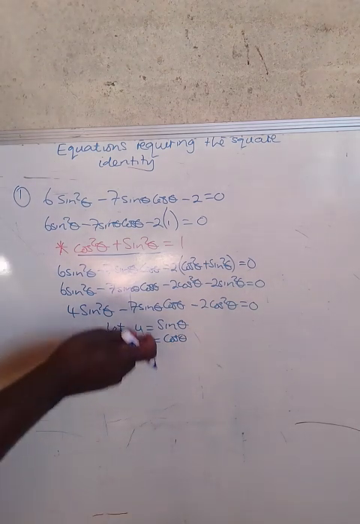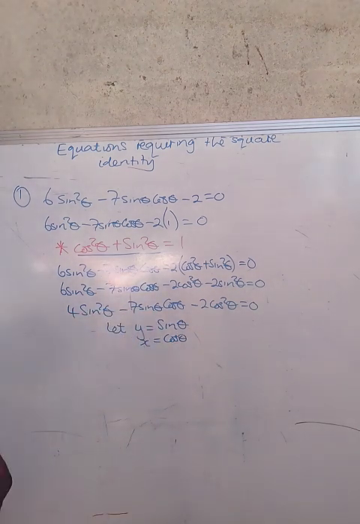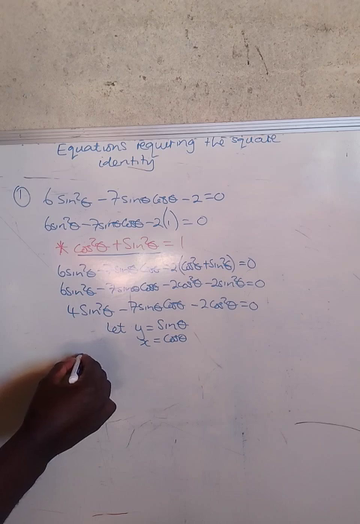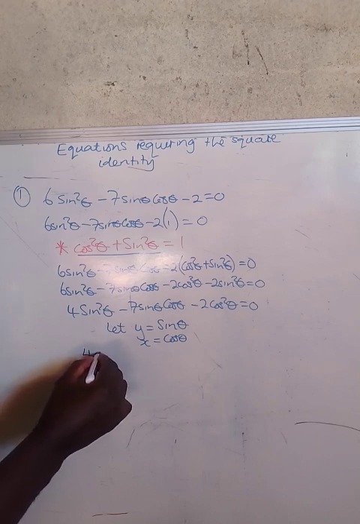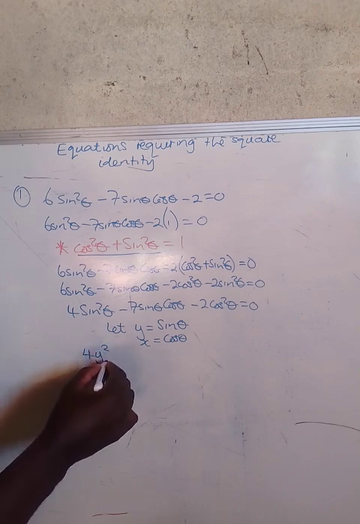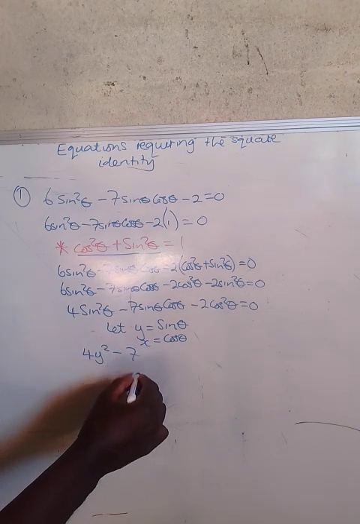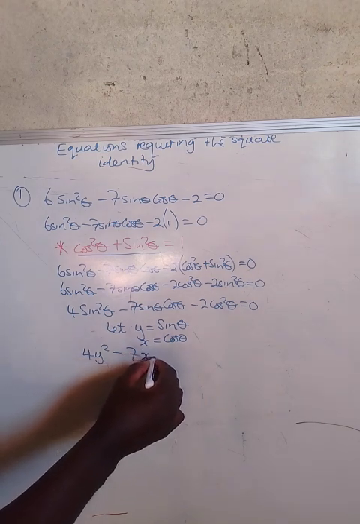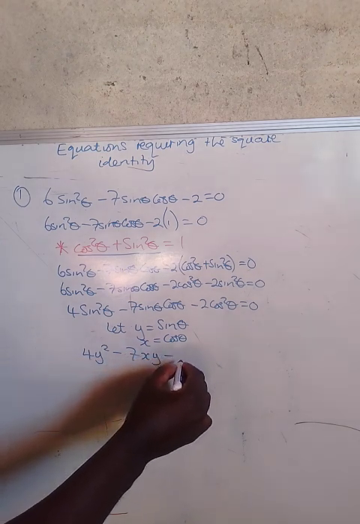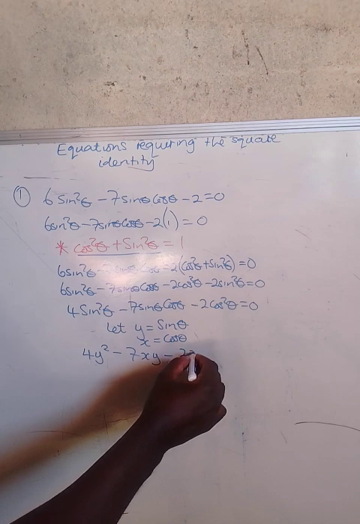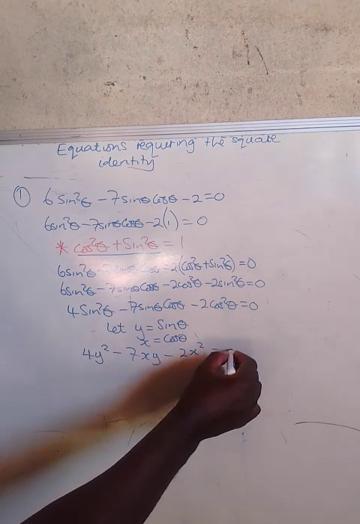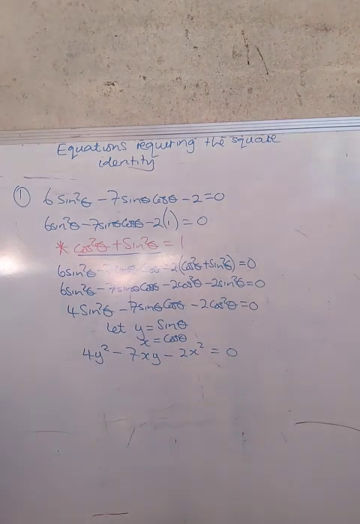I want to make it simple for you guys to understand. So I'm going to have 4y squared minus 7xy minus 2x squared is equal to 0. Now you can easily factorize this.